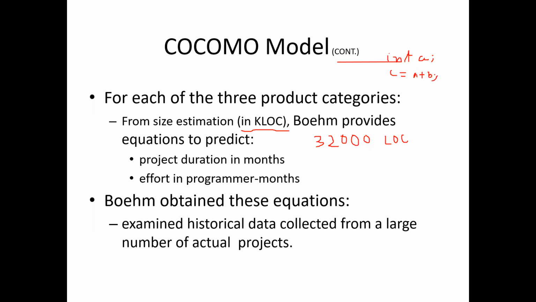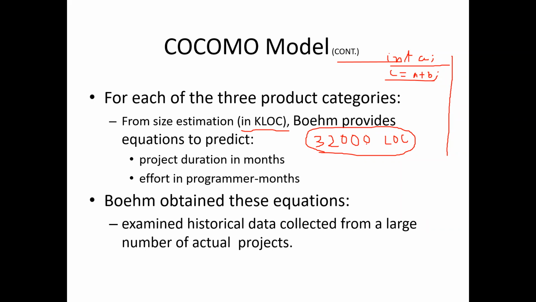So these are two lines of code: this is the first line, this is the second line. In this way, now you have written 32,000 lines of code for a product. Is it understood what line of code is? Lines of code simply means how many lines of code you have written. That is your LOC, line of code.